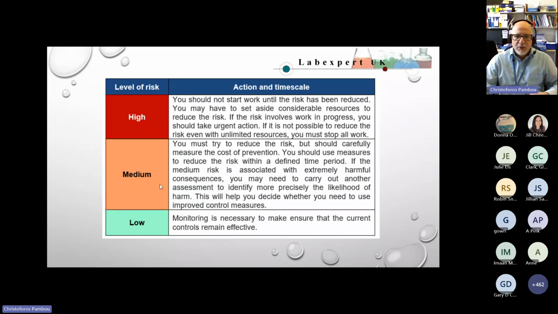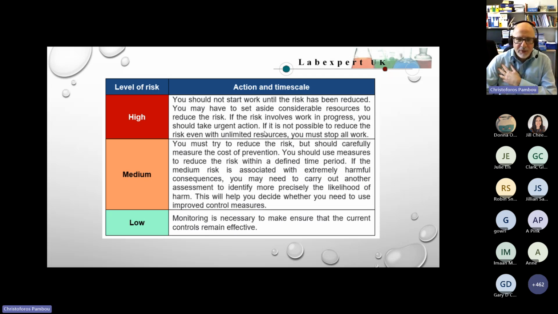So when we look at medium, you must try to reduce the risk, but should carefully measure the cost of prevention. You should use measures to reduce the risk within a defined time period. And if the medium risk is associated with extremely harmful consequences, you might need to carry out another assessment to identify precisely what the likelihood will be.